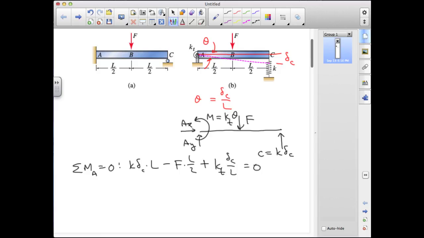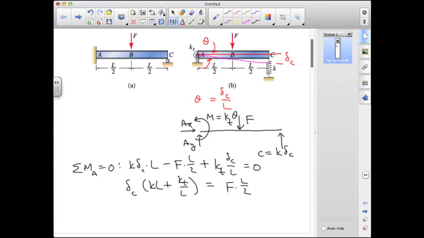So if we rearrange this for delta C, we have K times L plus torsional spring constant over L times delta C is equal to, on the right-hand side, F times L over 2.